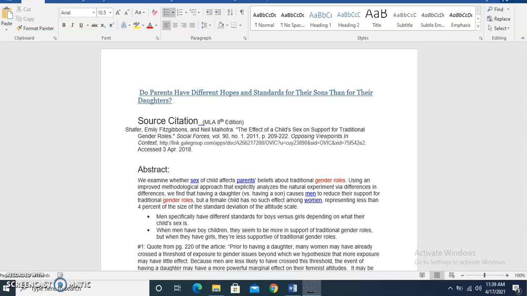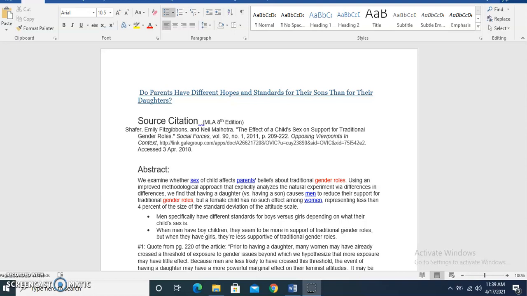So whether you're doing this in a Microsoft Word document or just on a sheet of paper, give a little bit of summary of the article. And the abstracts that the database articles have should help you out a little bit with that.